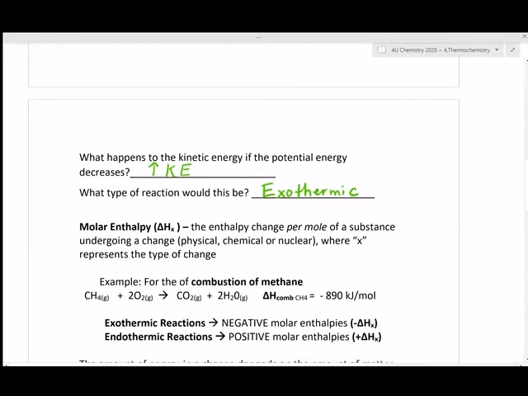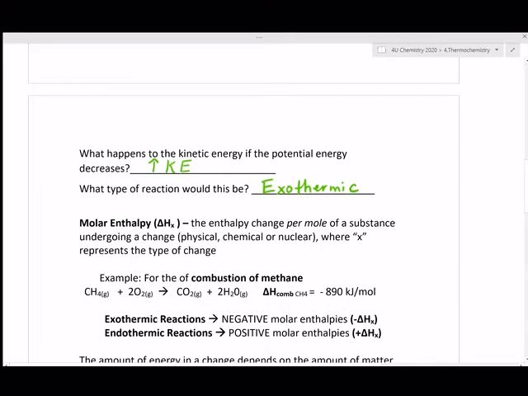So just as an example, if our change is going to be a combustion reaction, so the combustion of methane, so methane plus oxygen obviously is required for combustion. Here's our products. So over here, I have molar enthalpy of combustion of methane.